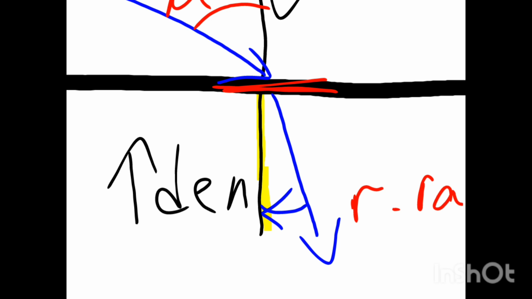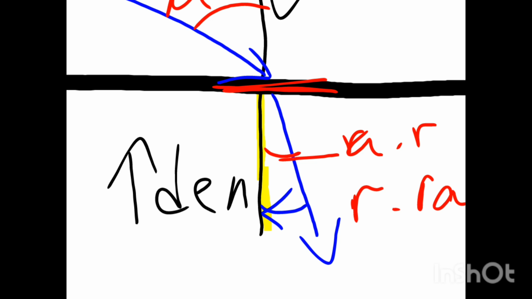It also forms an angle between the line of normal and the refracted ray. This one we call the angle of refraction. Those are some of the terminologies.